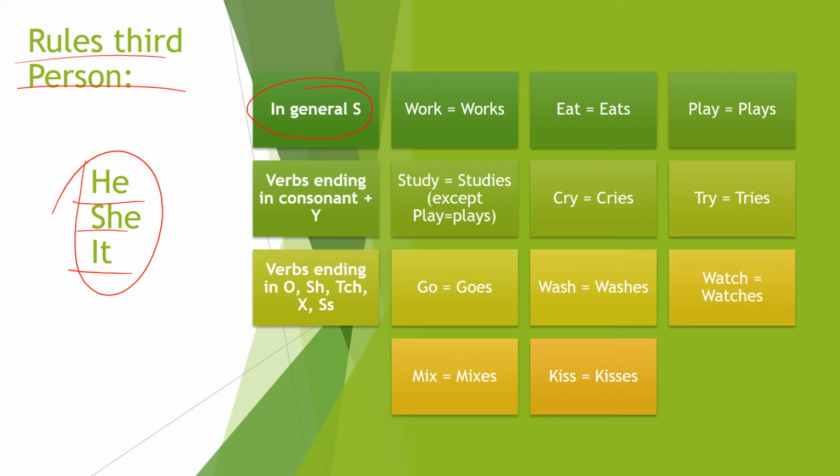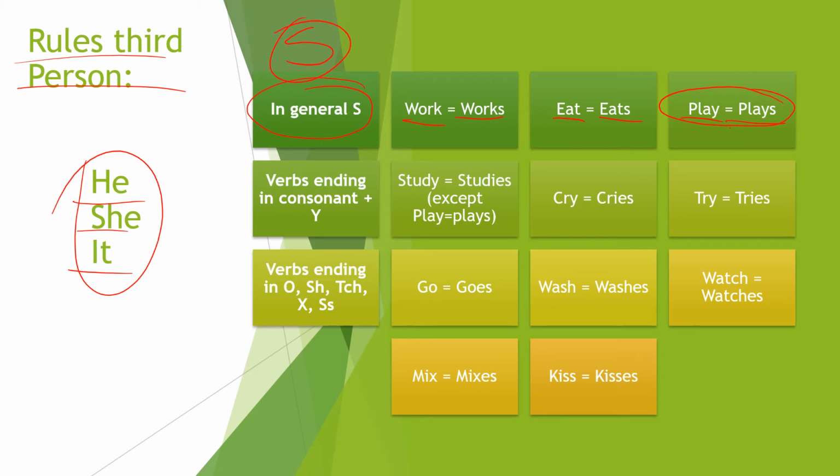Look at this. Work, works. Eat, eats. Play, plays. This is a good example of something that I have to talk about in the next rule.